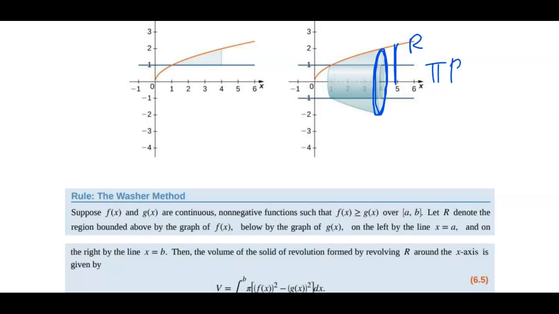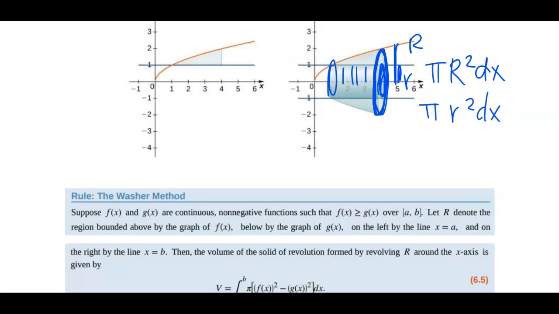So I'm going to do pi times big R squared dx to find that big volume of just that piece, and then go all the way down. Then I have this inside washer piece. Well, that is this radius. I'm going to call that little r. And you can notice, actually, in this example, it's the same everywhere, but that's not always the case.